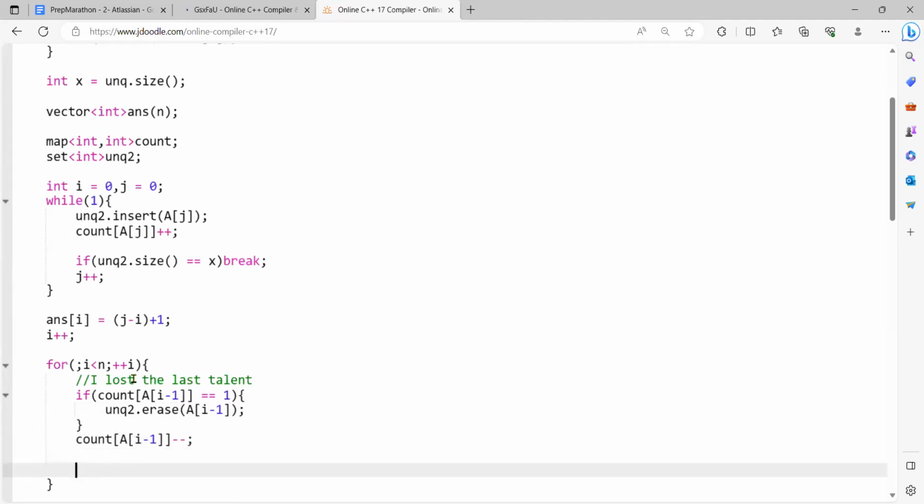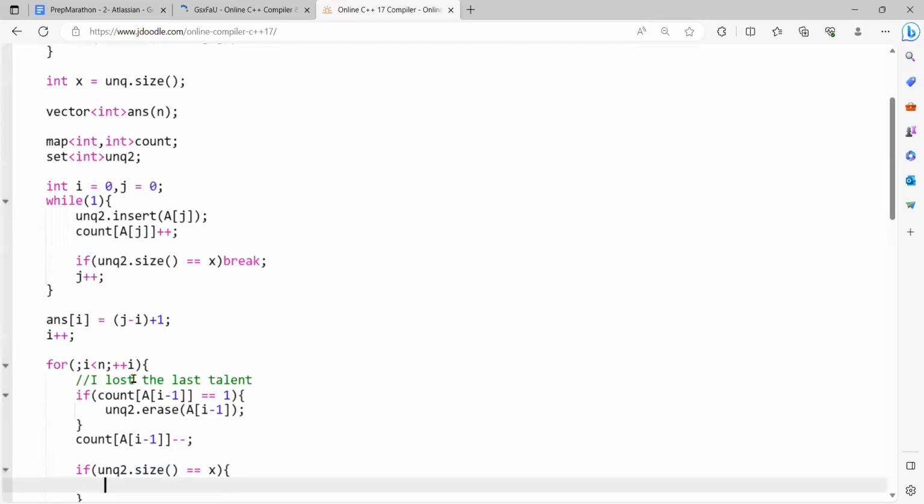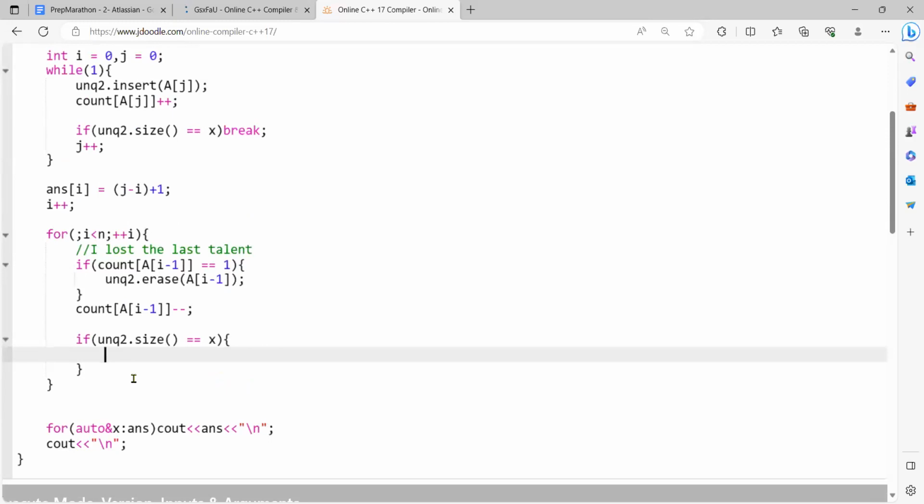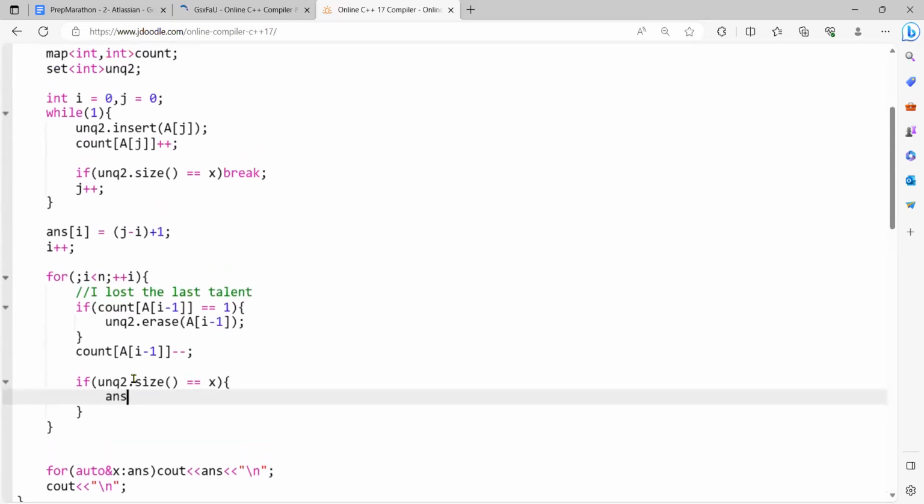After that, what I have to do is check if the current set of students that are present has enough talent or not. If unq2.size is equal to the x value, meaning I have enough talent, then I'll update my answer of i, which is equal to j minus i plus 1.